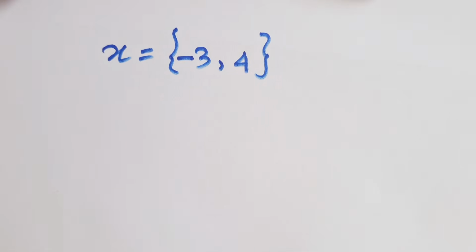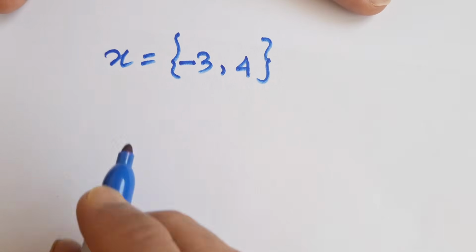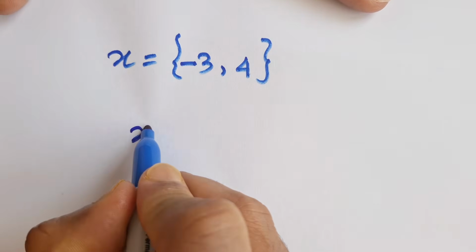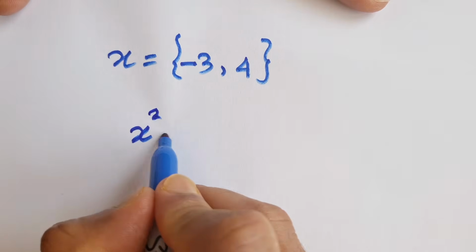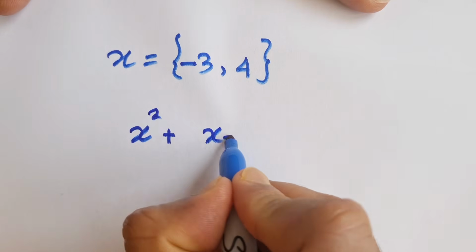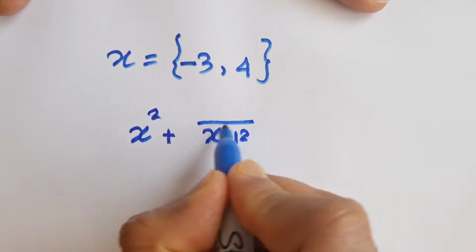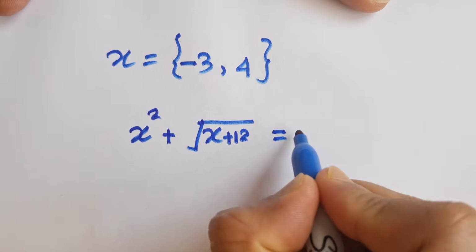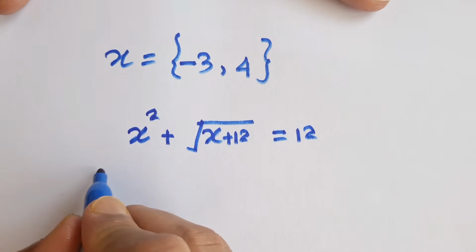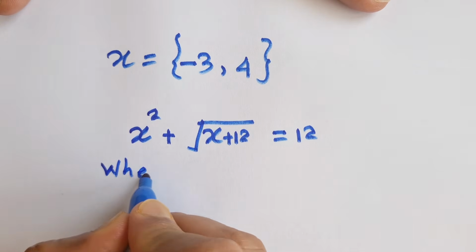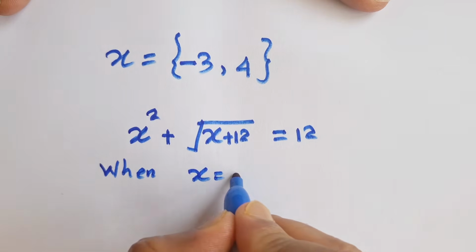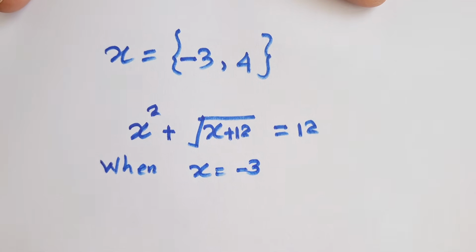So in the first case, I'm going to check x is equal to -3. So our problem is x square plus square root of x plus 12 equal 12.